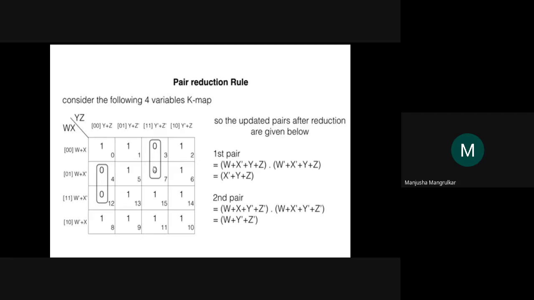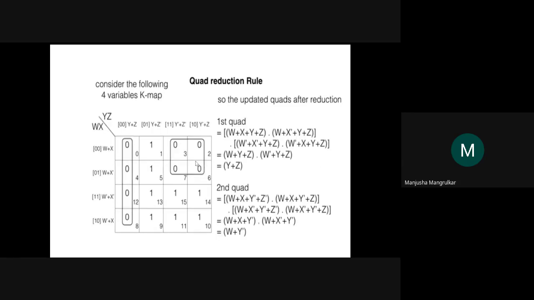Concept: pair of four. These are the examples of pair of four. Now see this first term. This is a four pair, right? First term is w plus x plus y plus z. Second term is w plus x complement plus y plus z. Third term is w complement plus x complement plus y plus z.